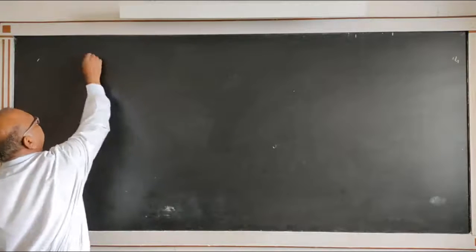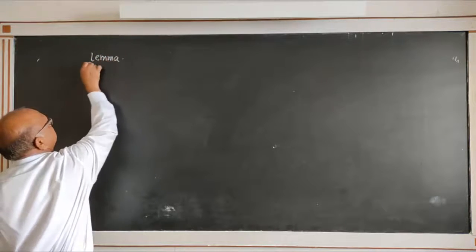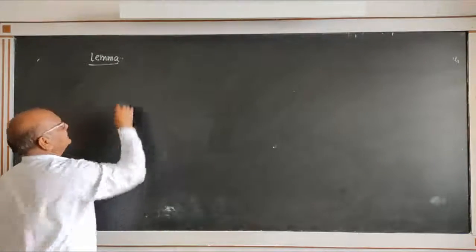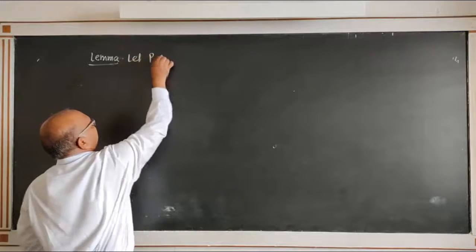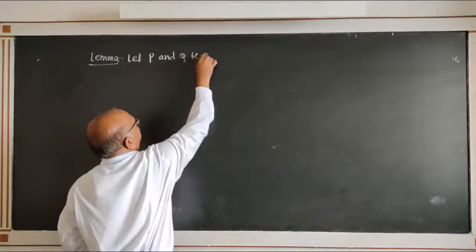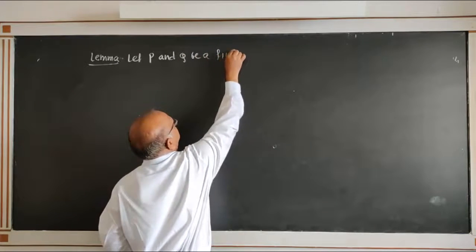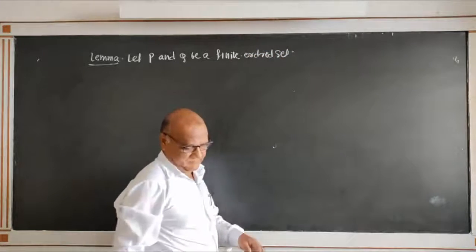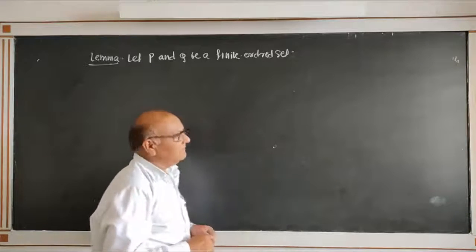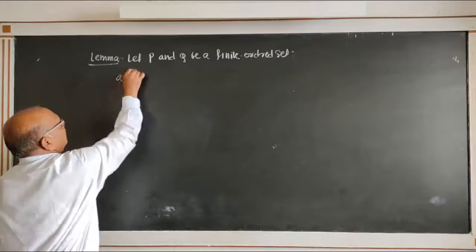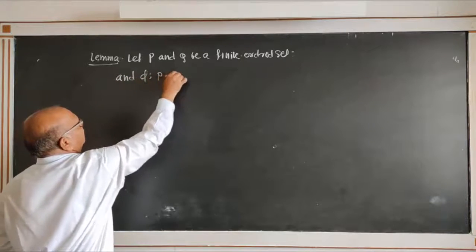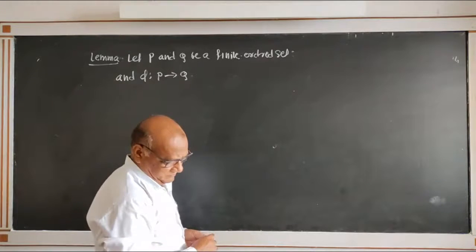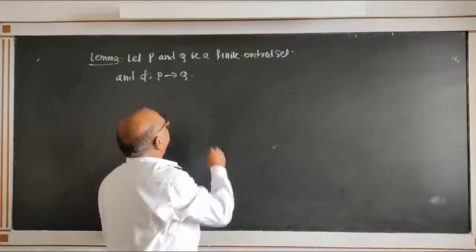Now, here is one lemma. Lemma: Let P and Q be finite ordered sets, and phi is a mapping from P to Q, a bijective map.